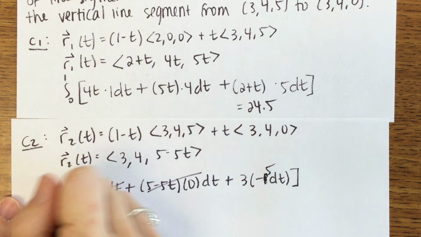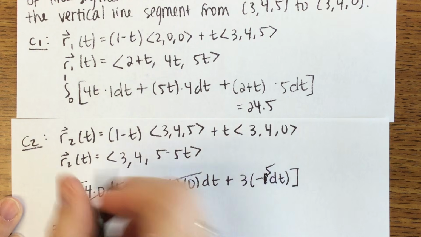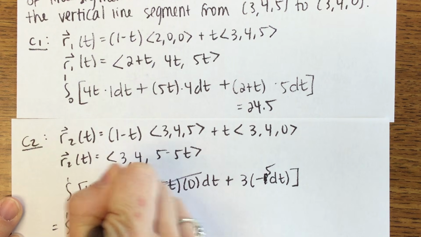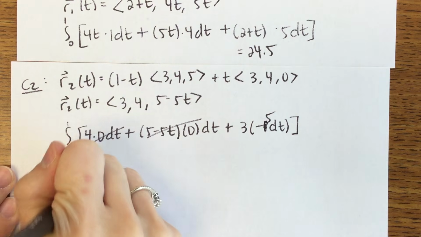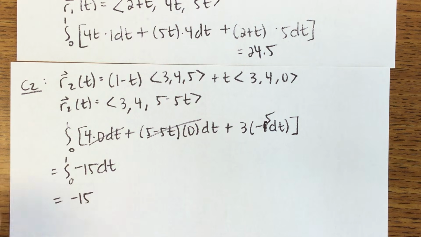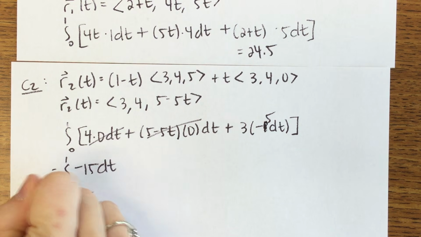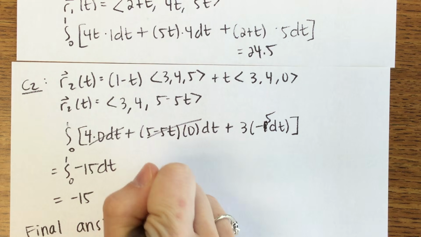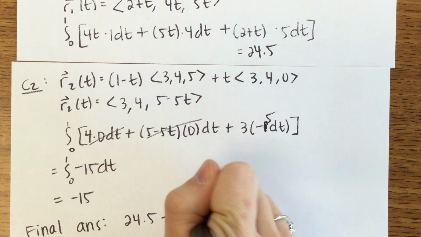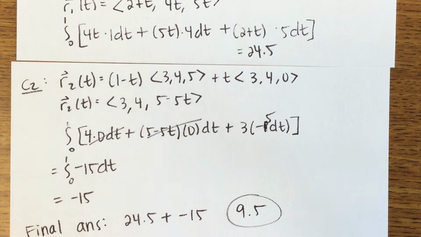This one's really nice. It ends up being the integral from 0 to 1 of -15 dt, which is just -15. So for the final answer, add them together. We get 24.5, add -15, which is 9.5.